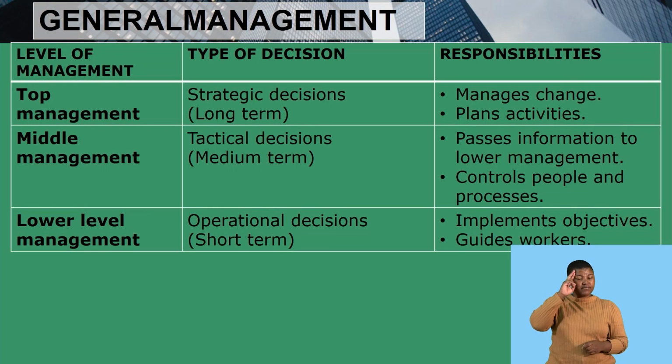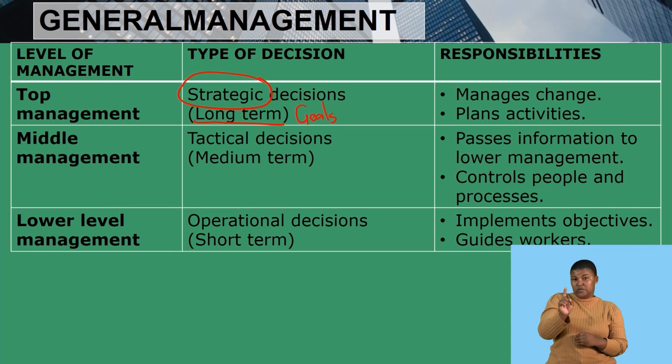Each level of management has different responsibilities and is responsible for different types of decisions to be made. Our top management, we said, make the goals or the vision for the business. So usually we state that they make the strategic decisions for the business. They decide on the long-term goals, what we want the dream for the business to be.